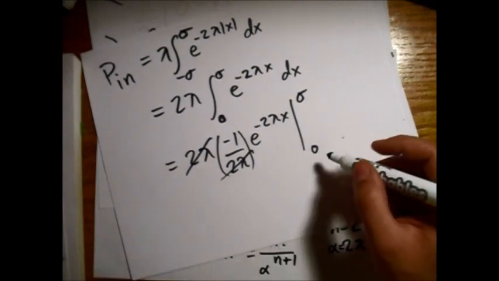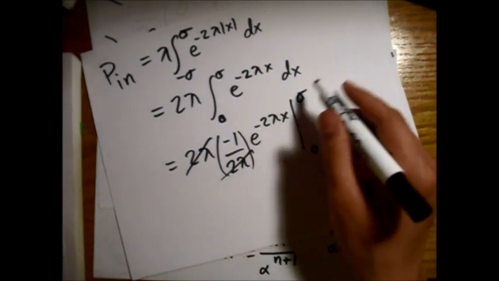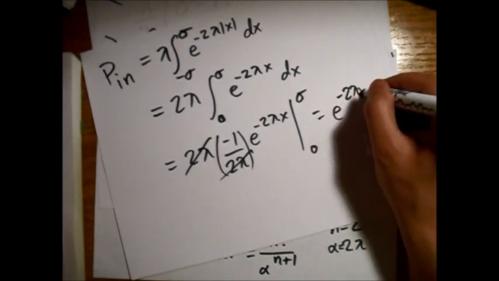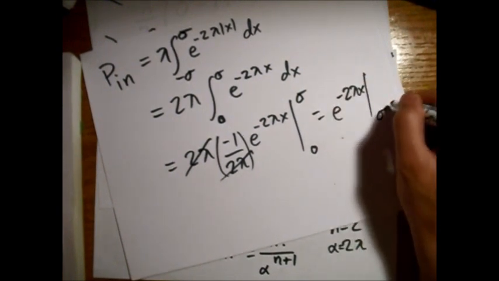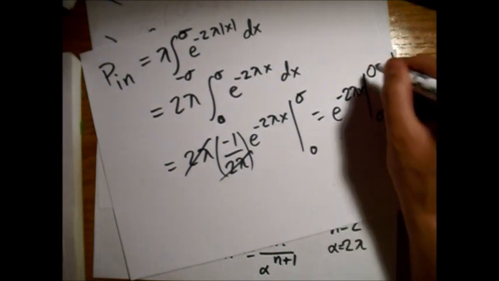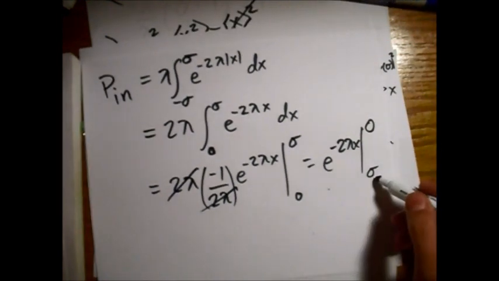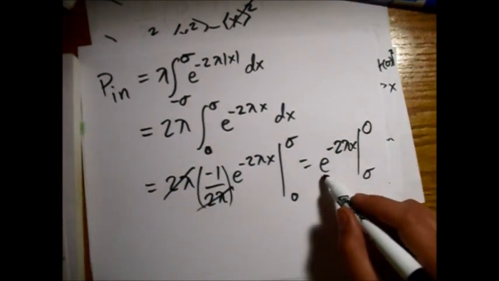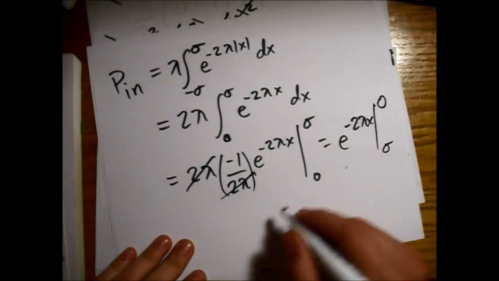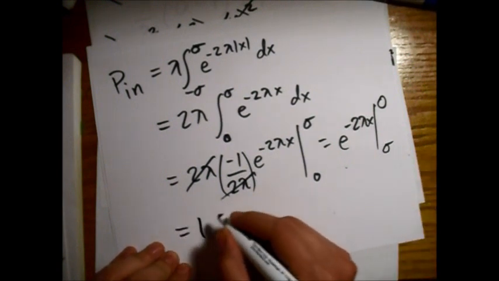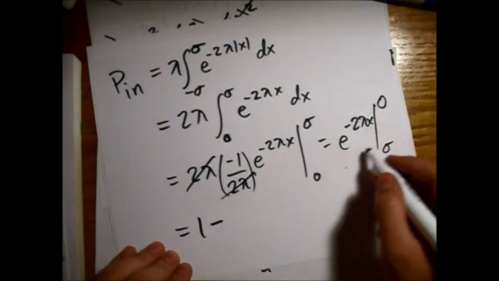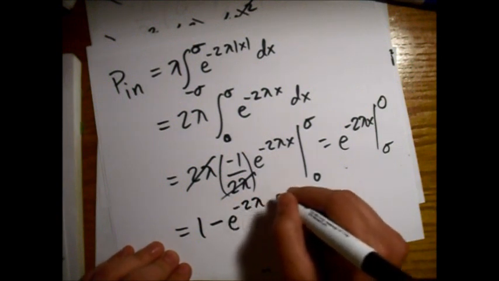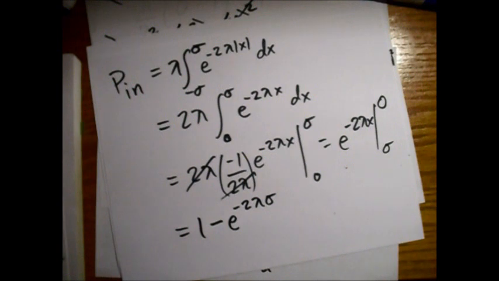So we can just flip these, the sigma on the bottom and the 0 on the top, and get rid of that minus sign too. Alright, well, e to the 0 is 1 minus this e to the minus 2 lambda sigma.